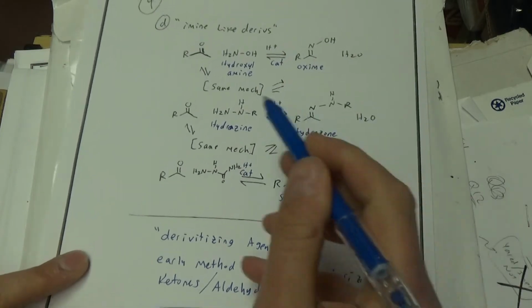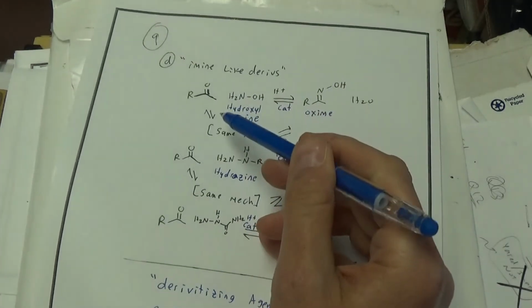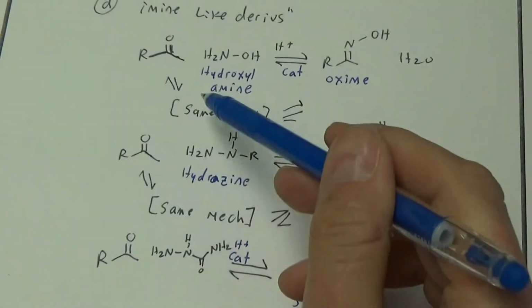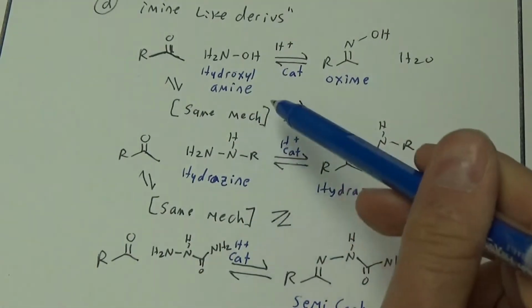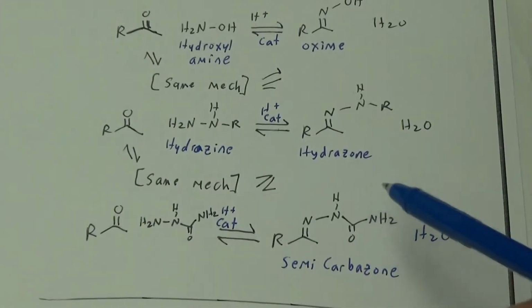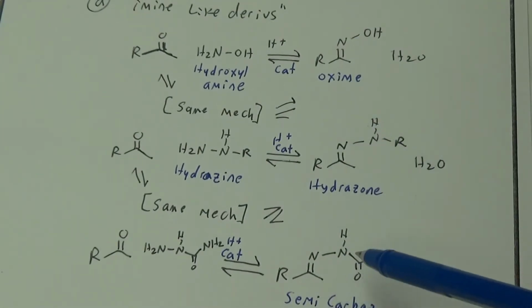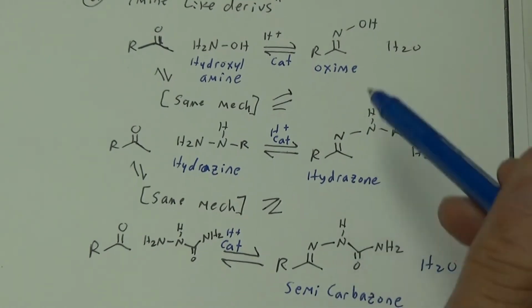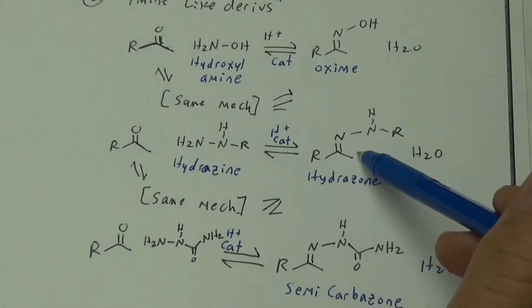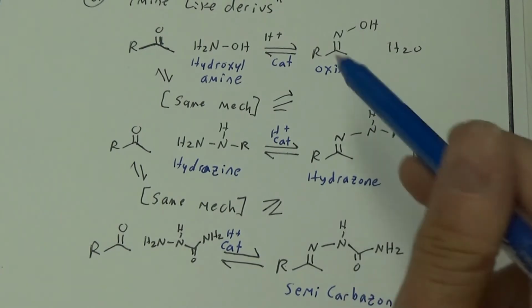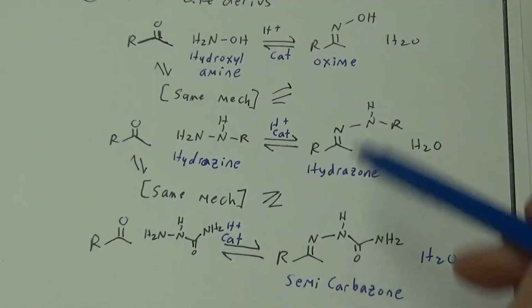So in the old days, if you had a weird ketone, you could figure out the structure of the ketone by making its derivatives, maybe oxime or hydrazone or semicarbazone, and then you look it up in a table. You're like, oh, well, the melting point is 85 to 90 degrees for this, and 100 to 105 for this, and 75 to 80 for this, and then you could figure out what the ketone was because it would be in a table somewhere.